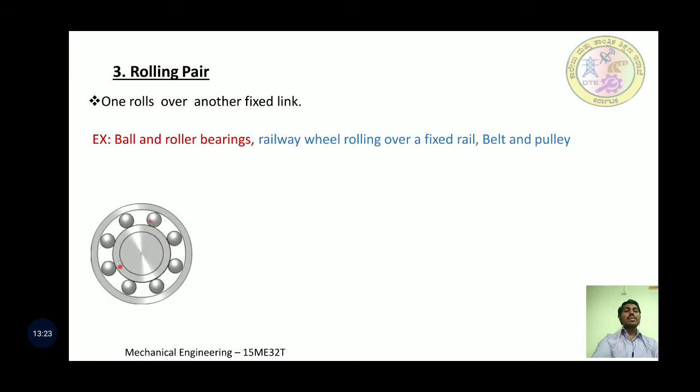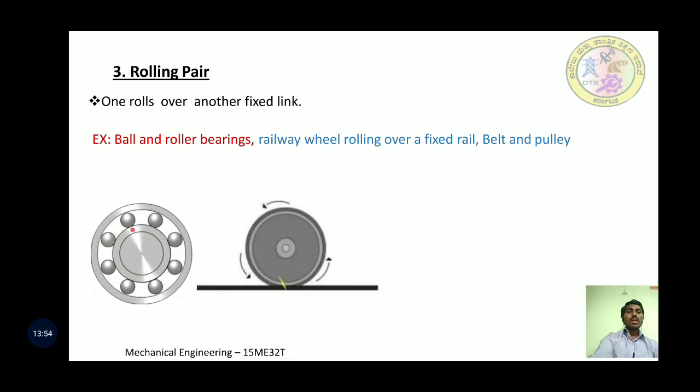A bearing is a machine element that constrains relative motion to only the desired motion and reduces friction between moving parts. It's used in automobiles to reduce the friction between the moving parts. For example, in cycles, a bearing is provided.